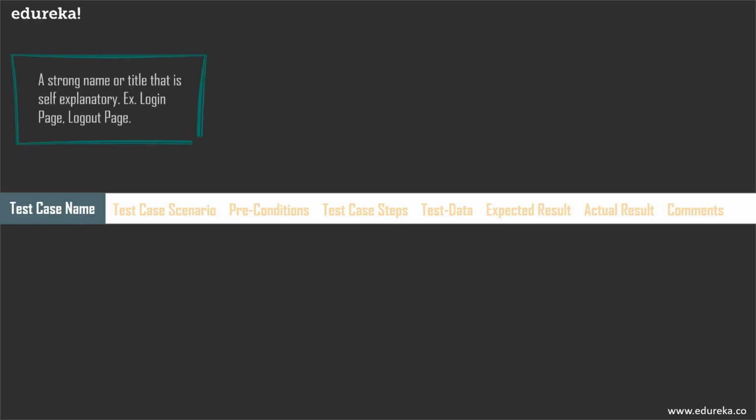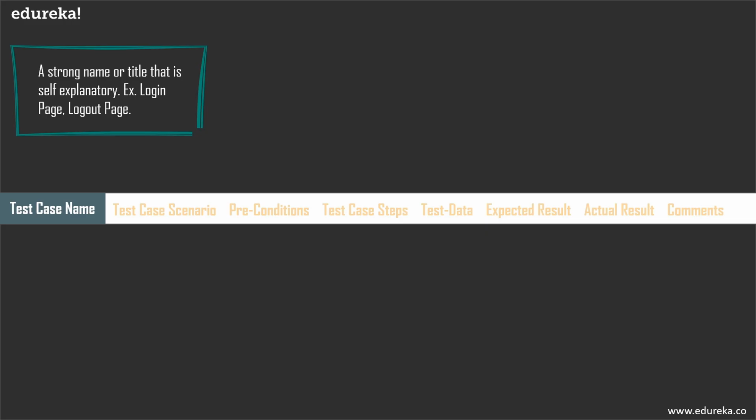First, you have the test case name. The first step for writing an effective test case is giving it a name or a title that is self-explanatory. As a best practice, it's good to name the test case along the same lines as the modules that you're actually testing. For example, suppose you're testing a login page, the title can be something like login page.